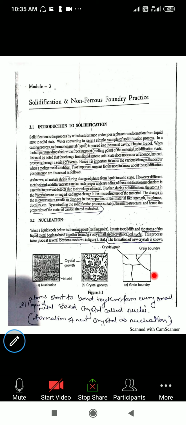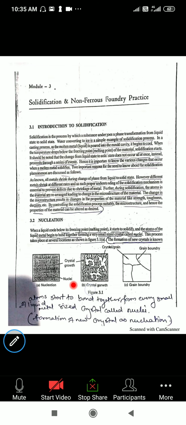This process takes place as shown in the figure. Now you can see over here there are small spots, that is called a nuclei. The formation of a new crystal is called nucleation.